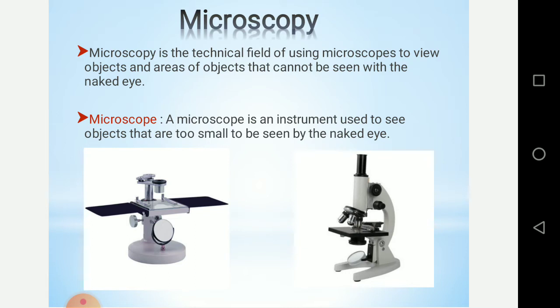To see that minute organism or microorganism, we make use of a microscope. Now what is a microscope? A microscope is an instrument that is used to see objects that are too small to be seen with the naked eye.